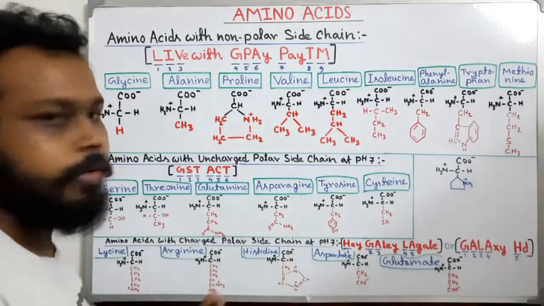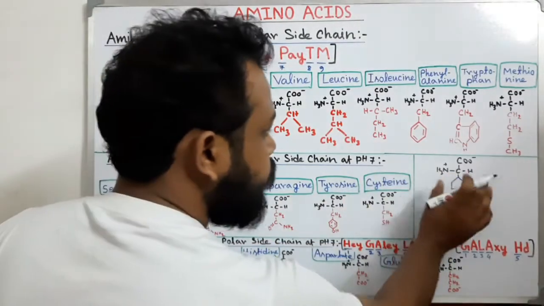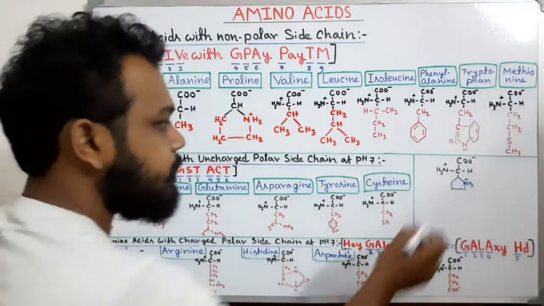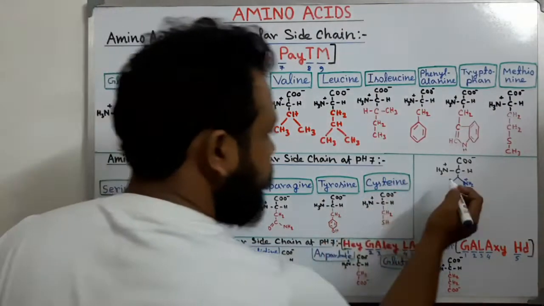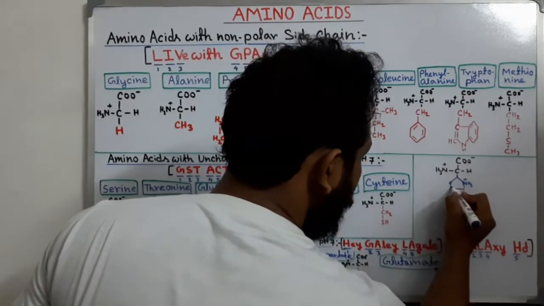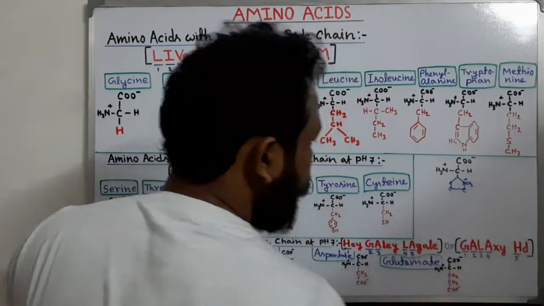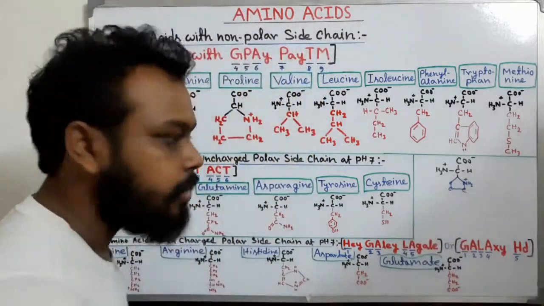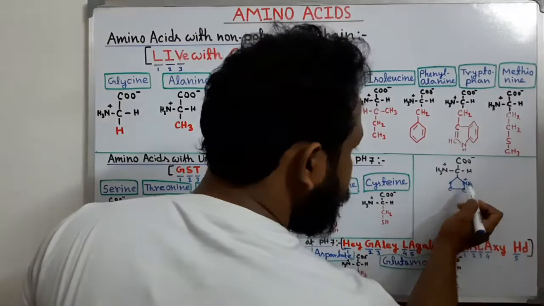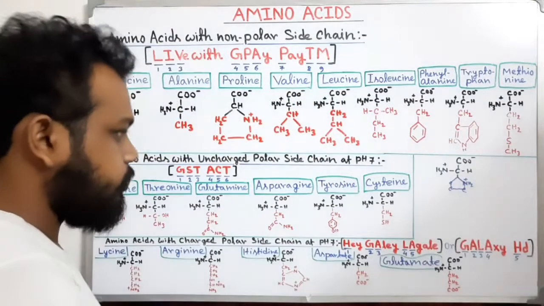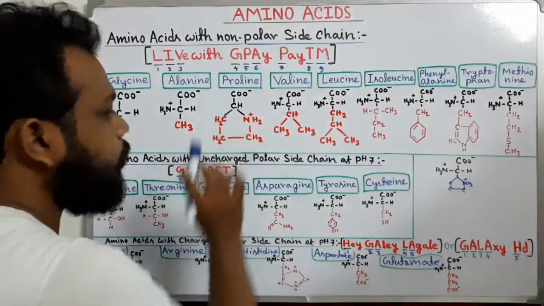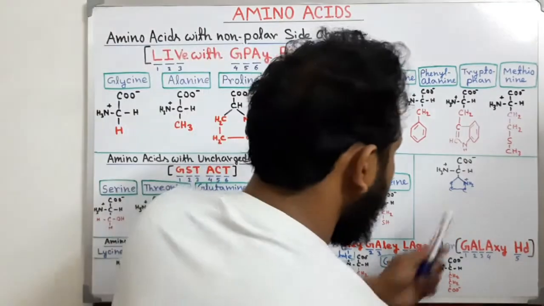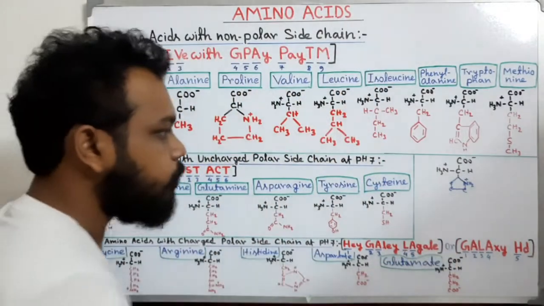Now you draw your proline structure. You can also put the C group, or just draw the ring like this, but we have to put this NH2 group. This ring is called the imino group.